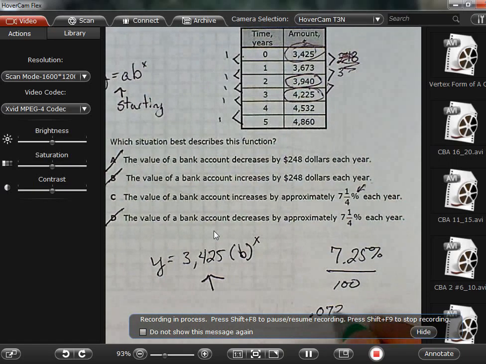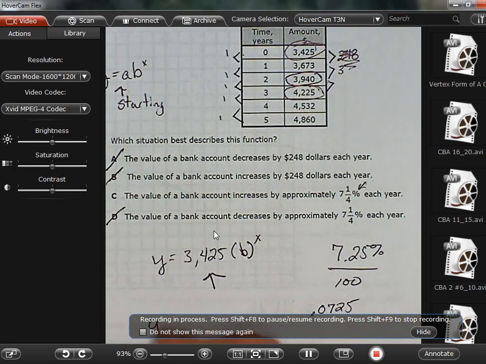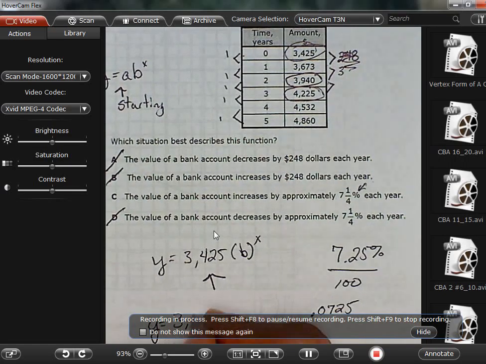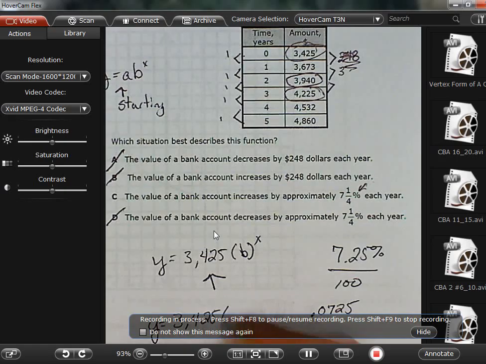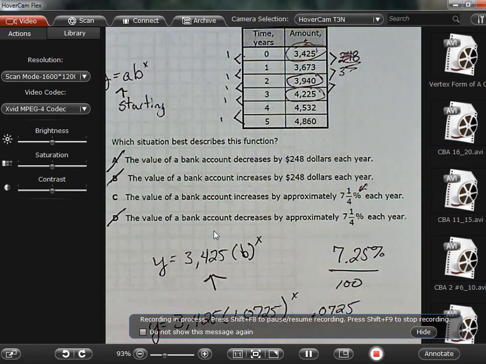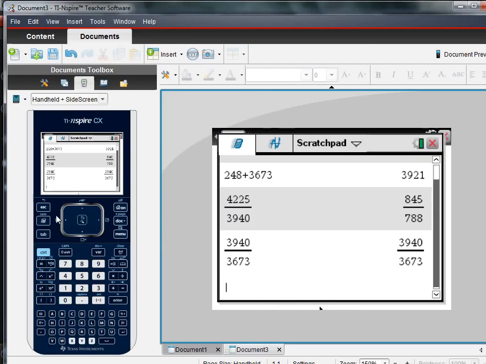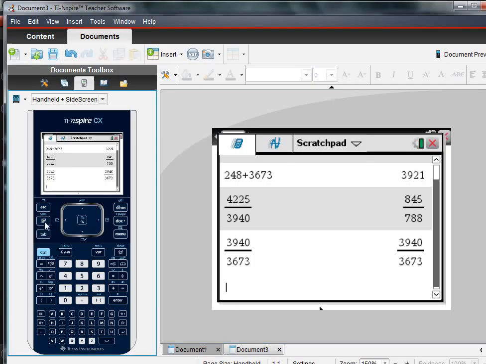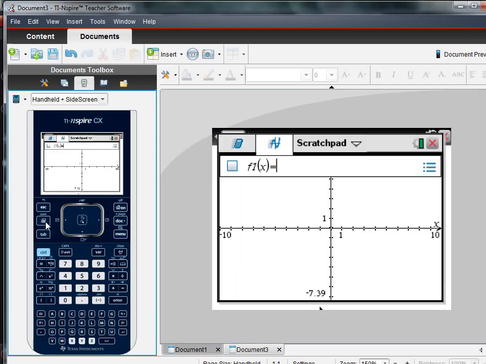So if this is true, I would do y is equal to 3,425 times 1.0725 raised to the x. So let's take a look and see what that looks like. 3,425 times 1.0725, close my parentheses, and raise that to the x.